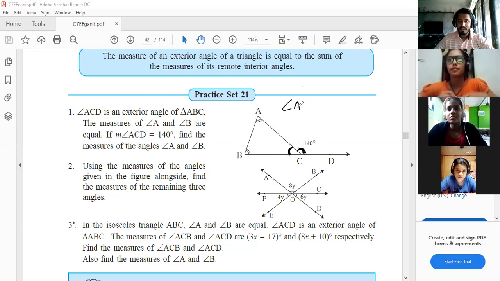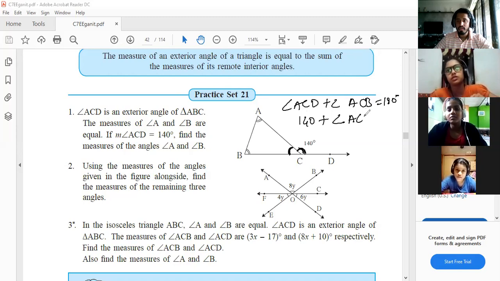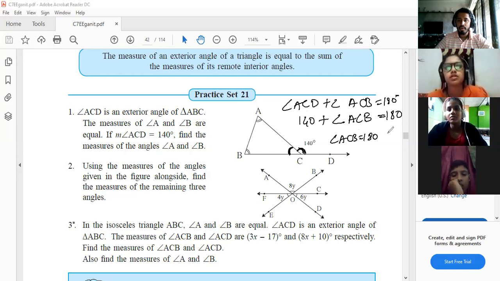Angle ACD plus angle ACB is 180 degrees. Why? Linear pair. Now ACD is how much? 140, plus angle ACB, which we have to find, is equal to 180 degrees. So angle ACB is 180 minus 140.